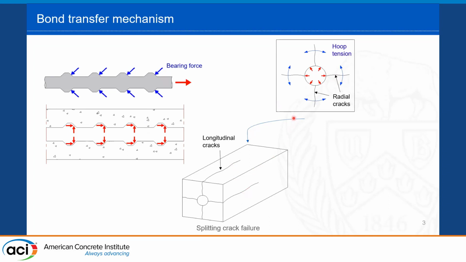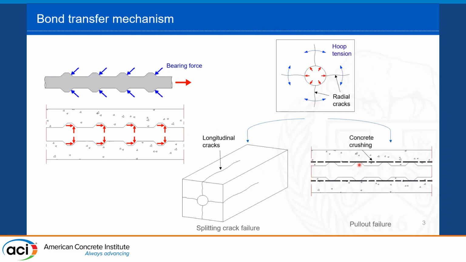Or if you have enough resistance or enough thickness to prevent these cracks from forming or propagating, the longitudinal component will lead to a crushing of the concrete between the steel ribs. In this case, when you pull, the rebar will be pulled out of the concrete and the concrete will still be intact. This is a pull-out failure.